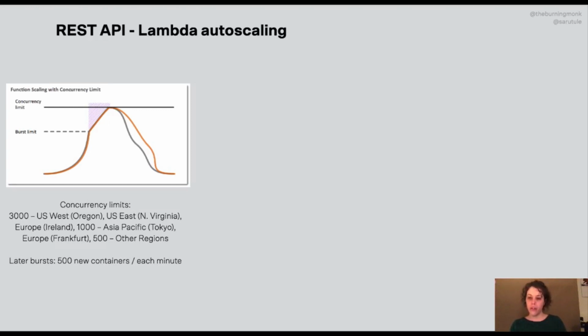If the total number of invocations goes over that specific limitation that I mentioned, which is represented by the violet area in the diagram, then Lambda will throttle the event. And if it's integrating with API Gateway, that means that API Gateway will return an error to the client.